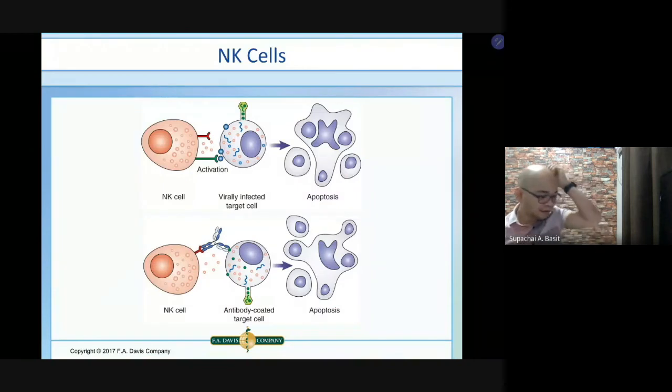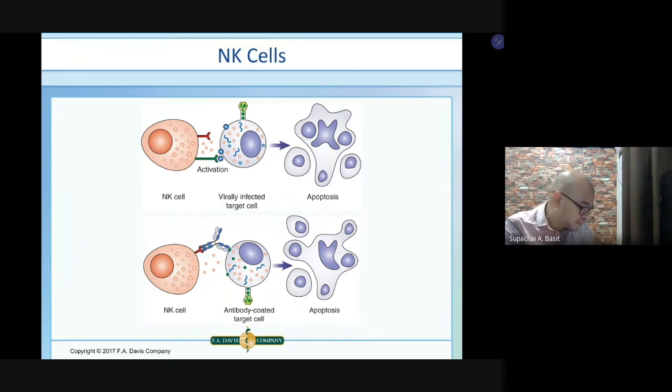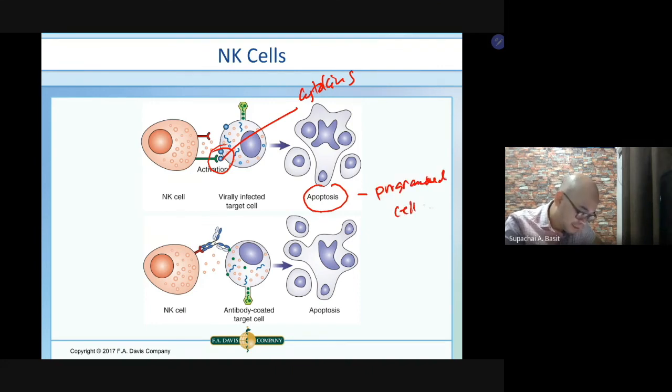However, if there's no inhibition, the natural killer cell will be activated and produce cytokines that can induce apoptosis, or programmed cell death. The same thing can happen if the target cells have been coated with antibody. It can also induce apoptosis.